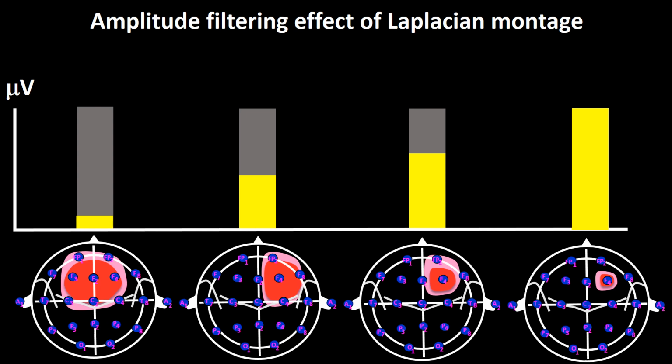And the yellow bars between these two figures represent the gradual effect on amplitude that the Laplacian has. The gray bars represent the amplitude the same potential would have had if captured using a relatively distant neutral reference.